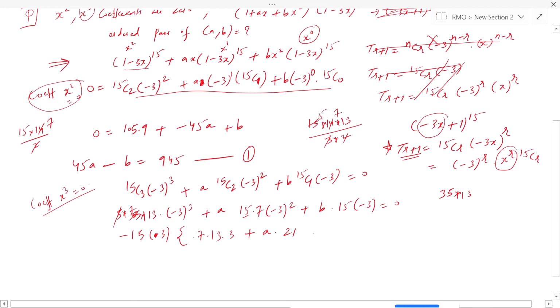And 15 into 3, so it's plus B. In this case this will be minus. So something like this is coming, so this goes, so 0. So 21a minus b equal to 21 into 13, which comes to 273. This is the equation. Now solve a and b.